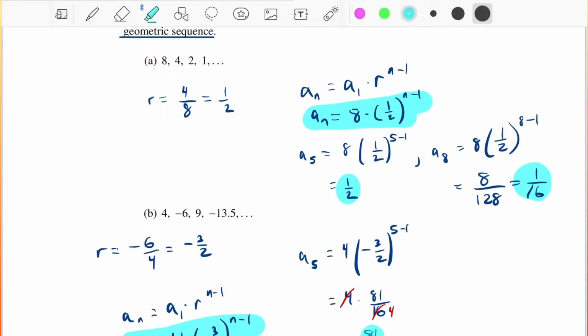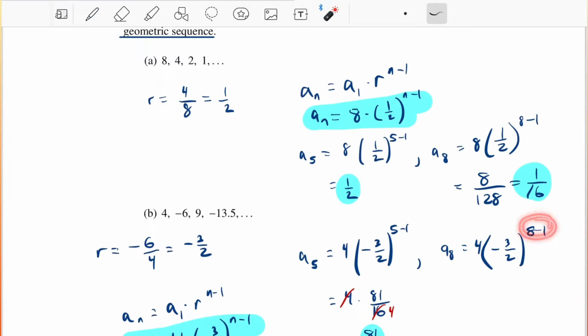Let's do the eighth term. So we have 4 times -3 over 2 to the 8 minus 1. So that's 7. 7 is an odd number, so the term is going to be negative. So 3 to the 7th power is 2187. So we have 4 times 2187.